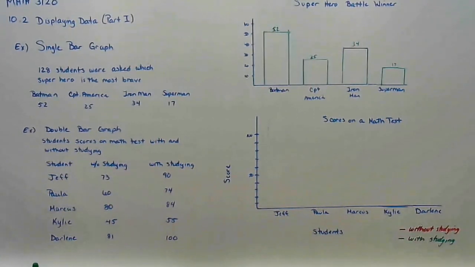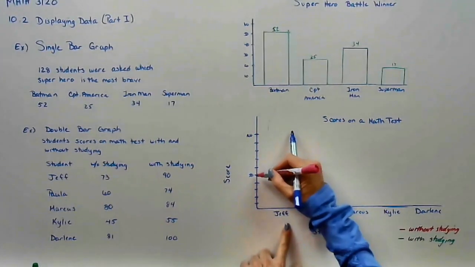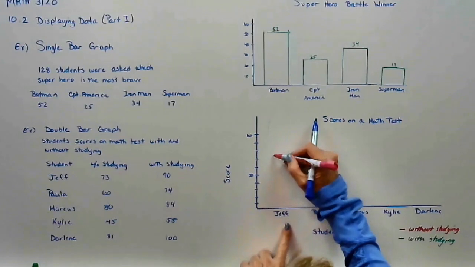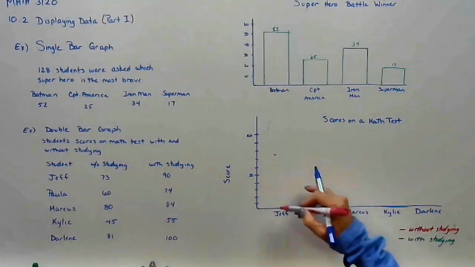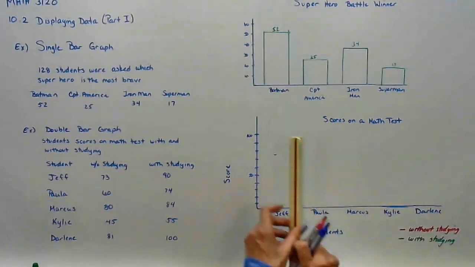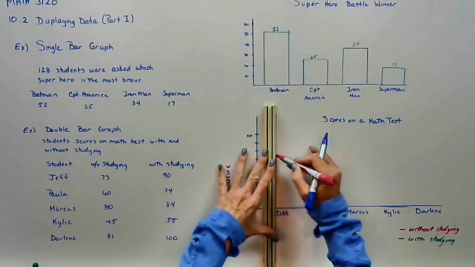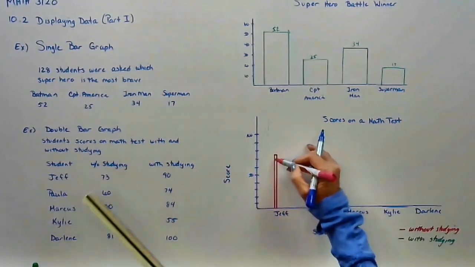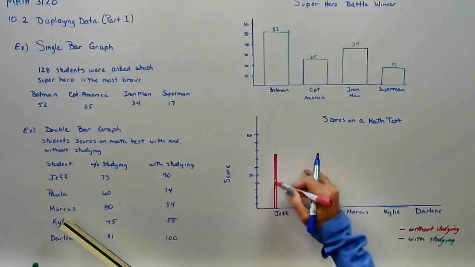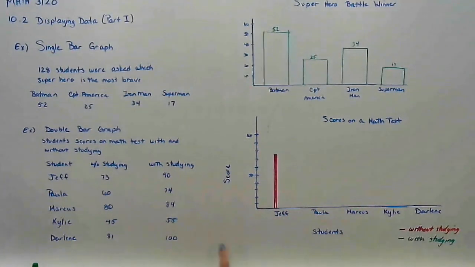So let's see. Jeff, without studying, got a 73. We got about a 73. But then Jeff, when he did study, he got a 90.